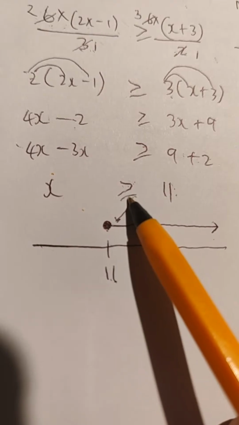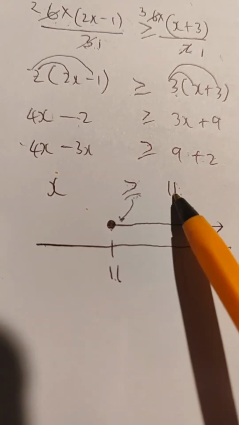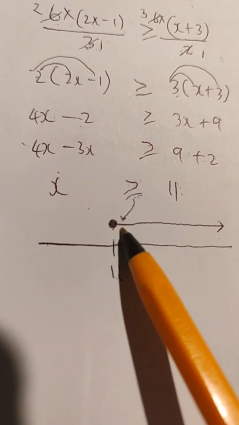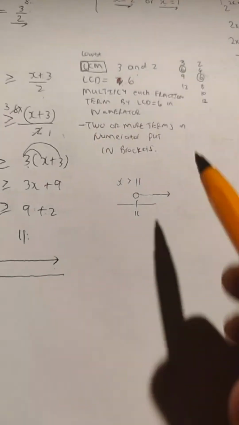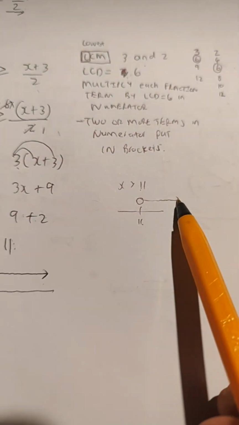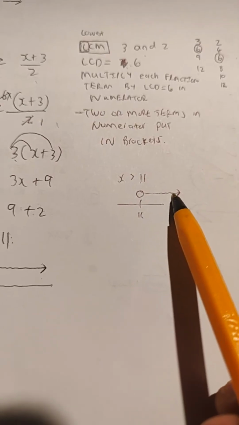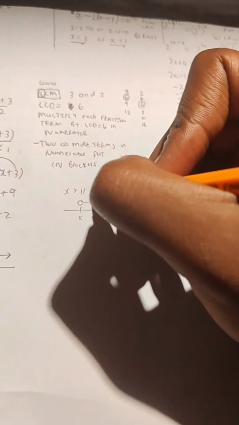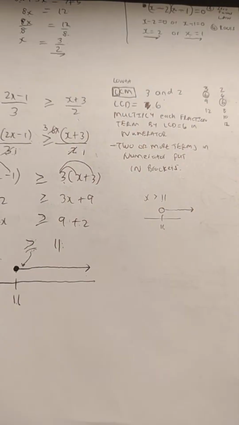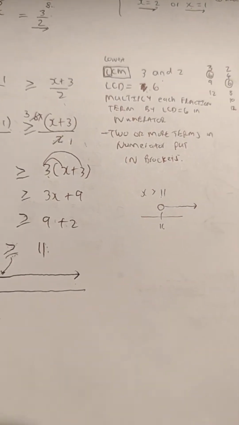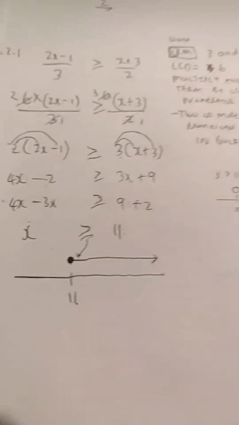But if it was just x greater than 11, guys, we would have a number line where we have 11. We open the dot to show that 11 is not included, but then we would draw the arrow to indicate that every other value is taken into consideration, because all real numbers after 11, meaning all rational and irrational numbers, would be part of our answer.